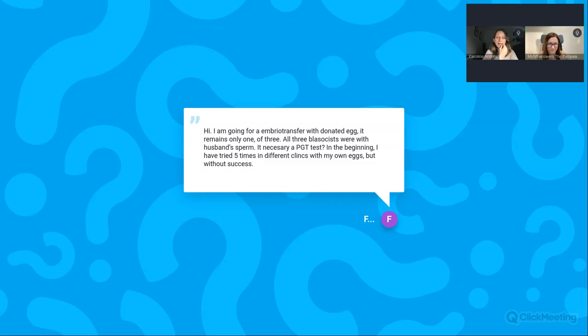So again, it depends on the male factor. In some cases of male factor, PGT is indicated, but mostly PGT will be indicated taking into consideration the age factor. So here, since we are using donor eggs, initially it wouldn't be recommended, but as I say, we cannot forget the male factor.